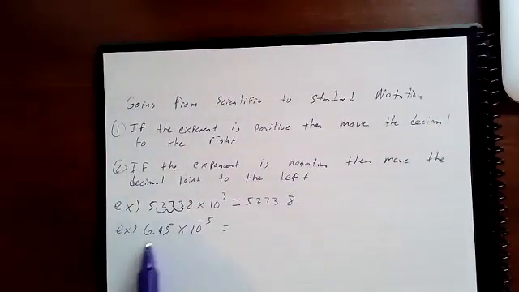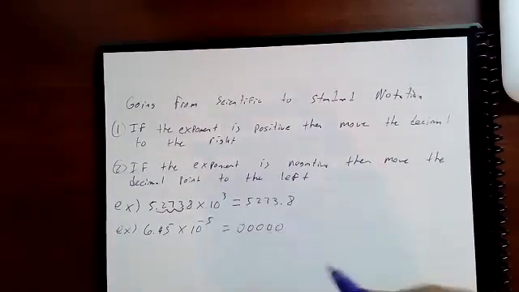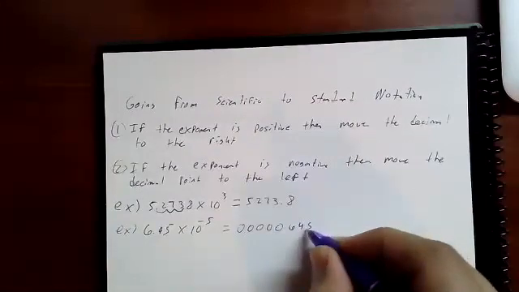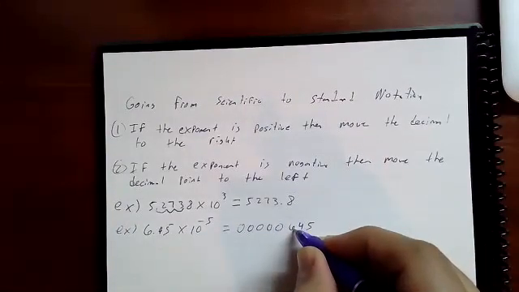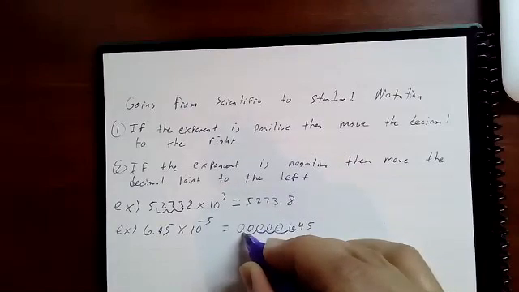This time you don't see the zeros, so we have to add them ourselves. So 1, 2, 3, 4, 5.